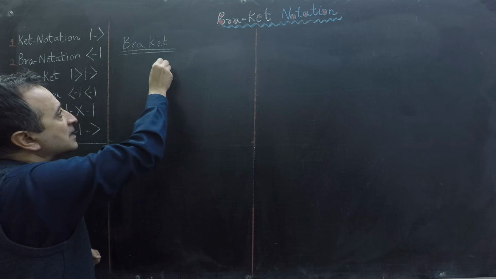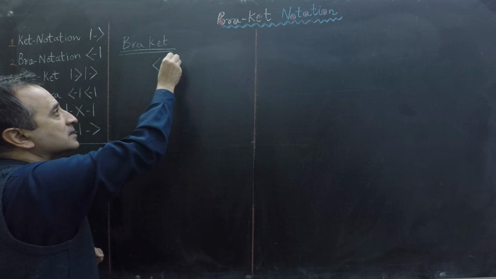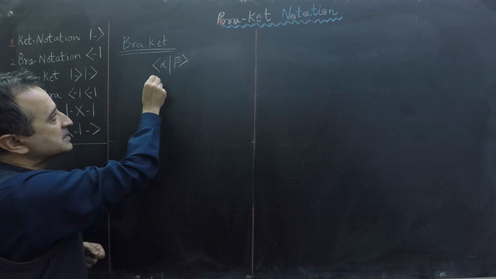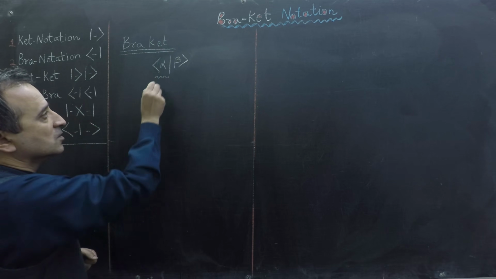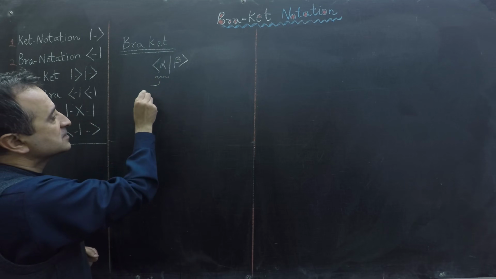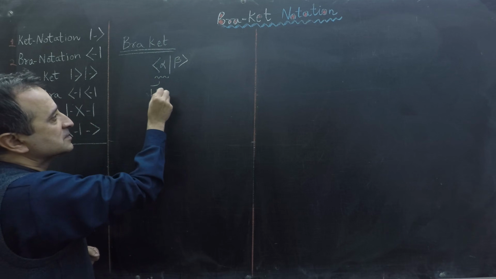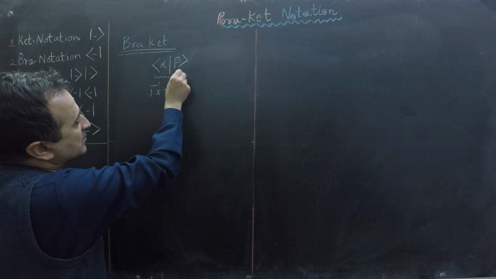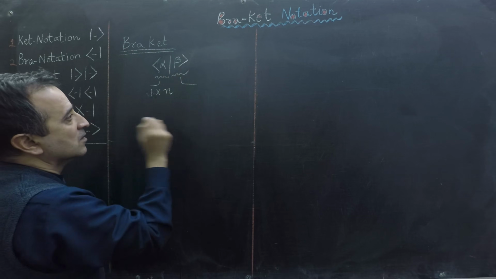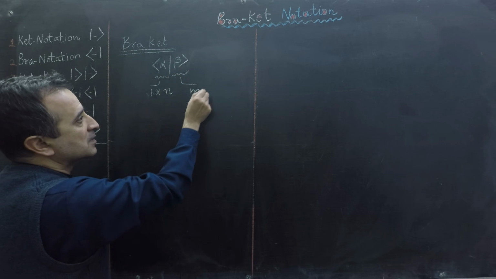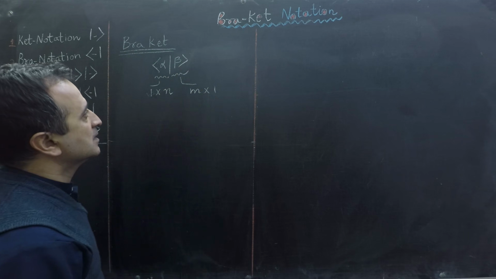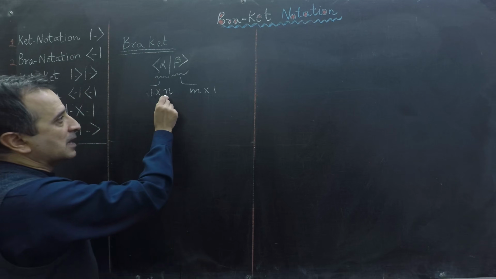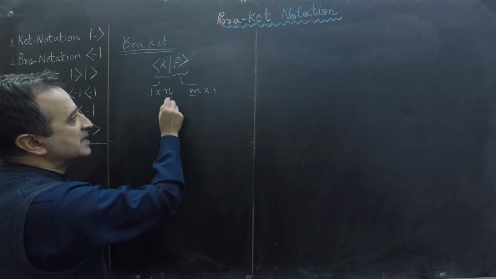Bra alpha and Ket beta. We know that this is a row vector of dimensions 1 times n, whereas Ket beta is a column vector with dimensions m times 1. In order to multiply these two vectors, m must be the same as n.